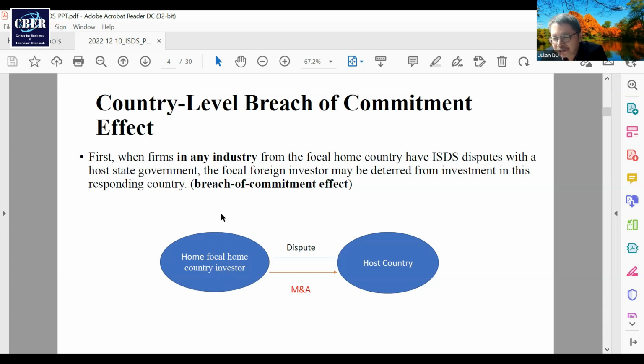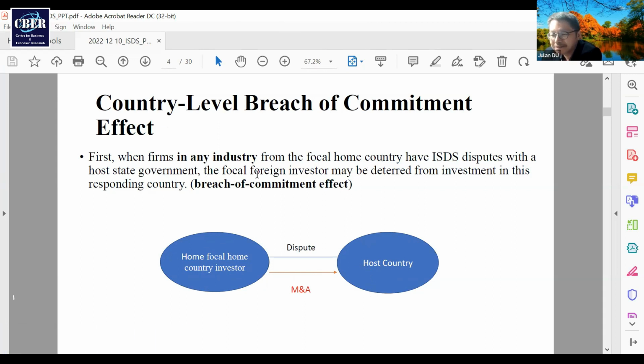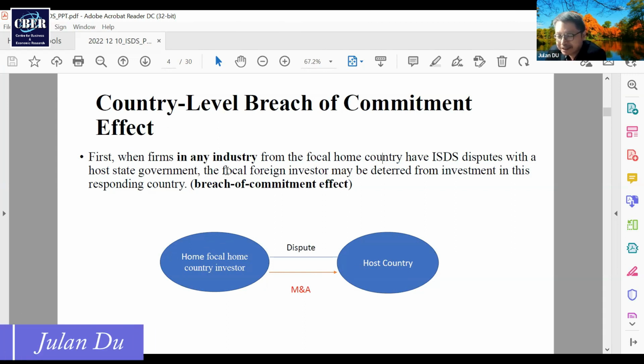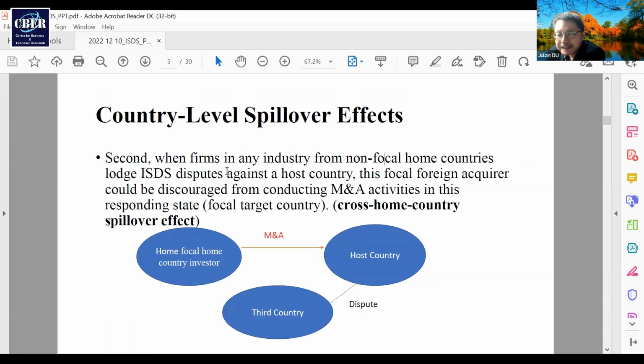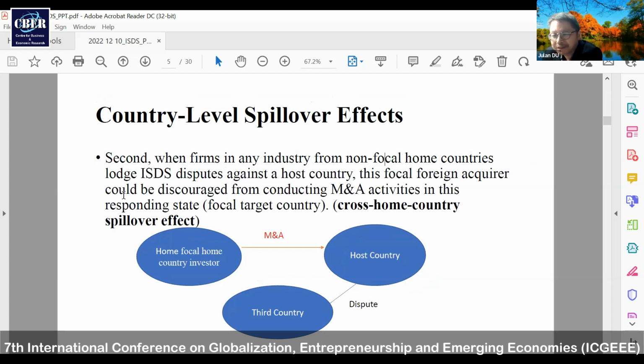If some firms in any industry from the focal home country have disputes with the host country state government, then home country investors would be discouraged from making M&A deals in the host country. We don't control for any specific industry.